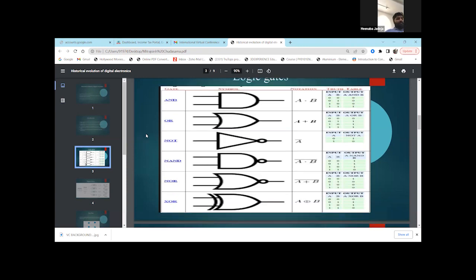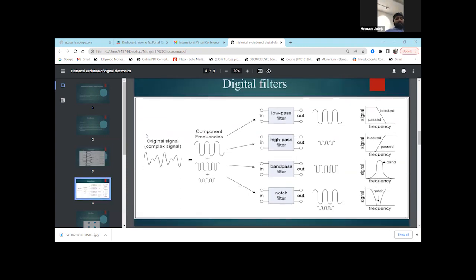Next slide, please. Here digital filters are shown with some examples. One original signal, a complex signal, has been taken as a reference, and from it there are three frequency components shown in this signal. They are passing through different types of filters, and you can see the different types of outputs.